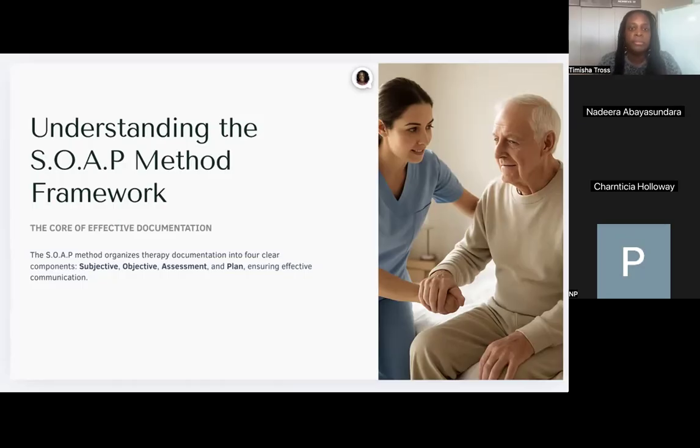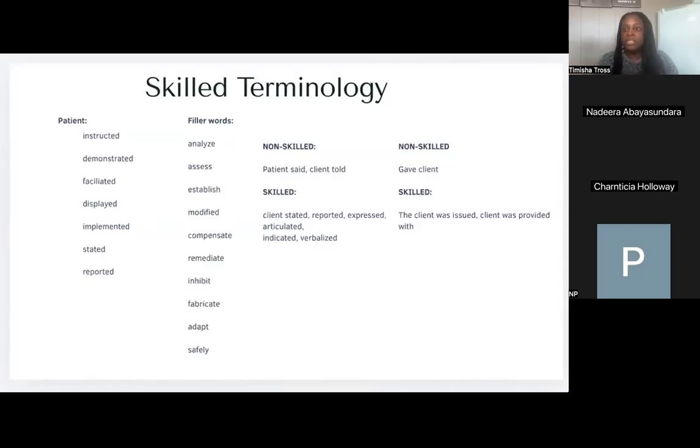Okay, perfect. Some skilled terminology is going to be very important. When you're writing your documentation, you always want to start off with who you're addressing. It's either going to be the patient or the client. That is universal, that is how we generally start off our note.